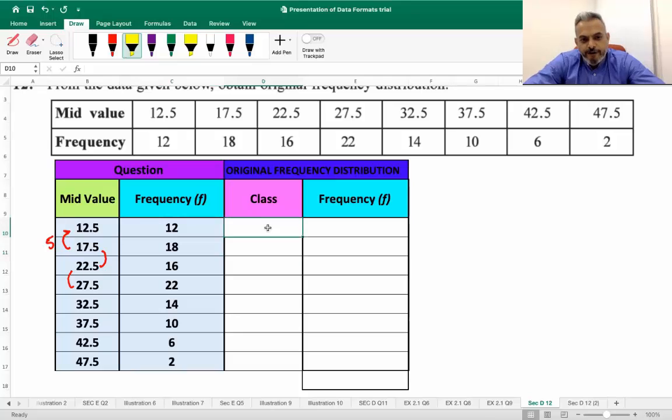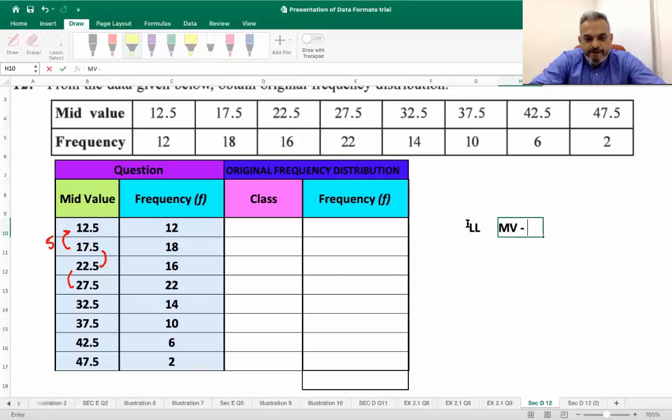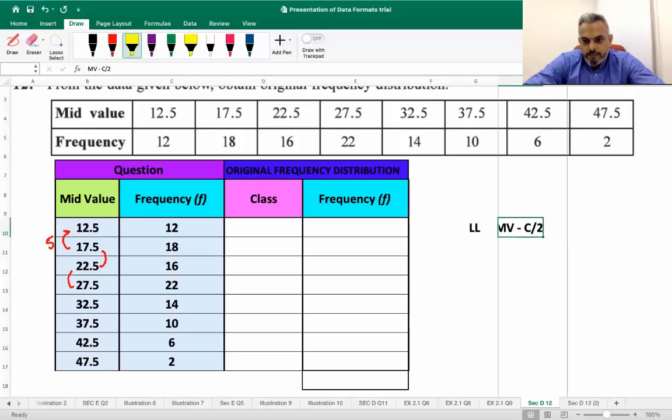Now, for the first class, mid value is 12.5, lower limit is mid value minus class length divided by 2, which is equal to 12.5 minus 2.5, which is 10.